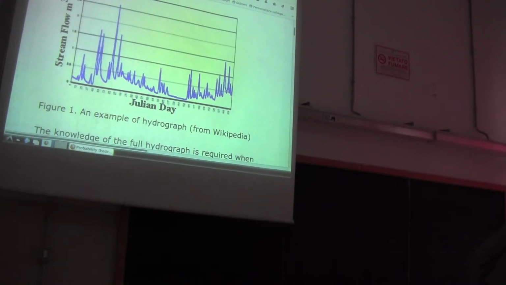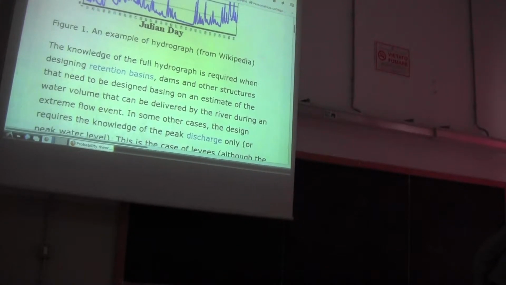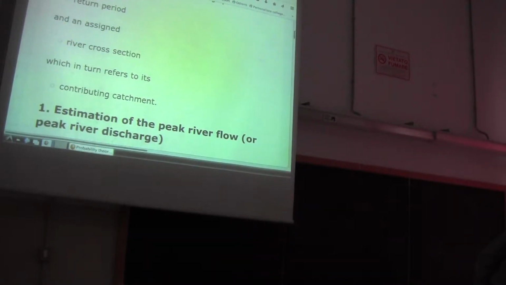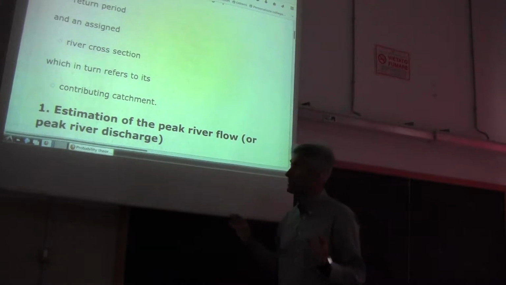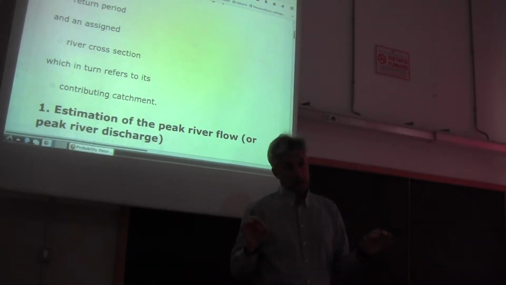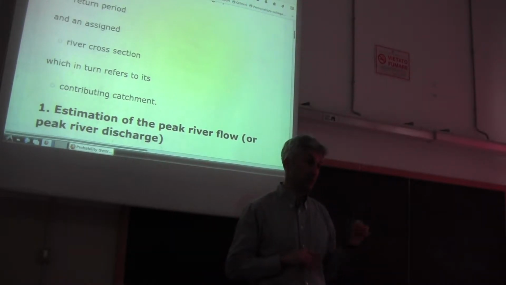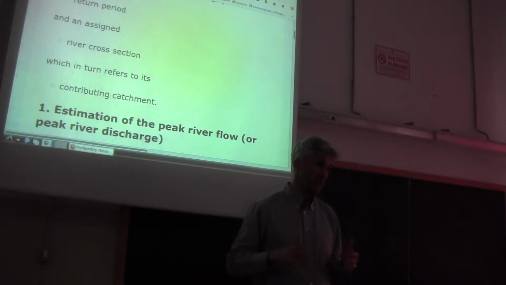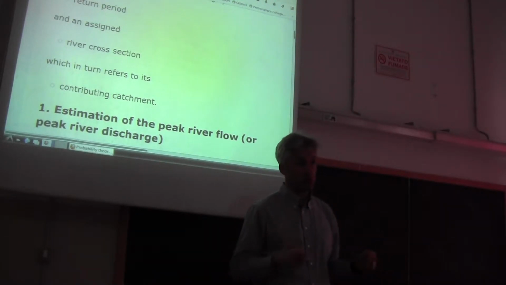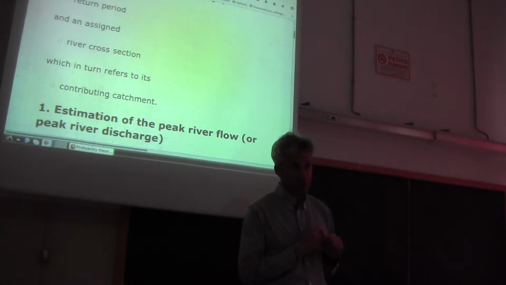And first of all, let's keep in mind what the basic independent variables are for estimating the flood flows. The flood flows refer to a return period, which I will define.